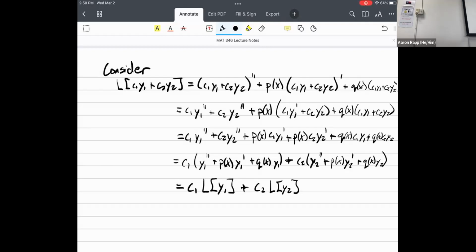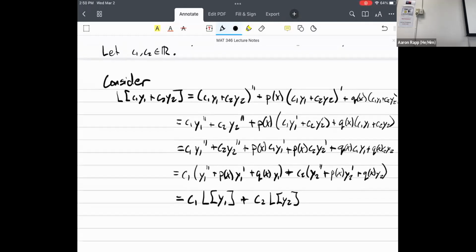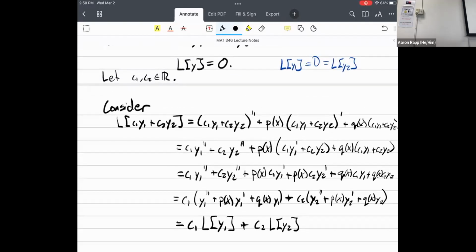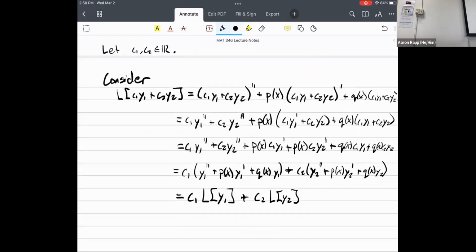But because y1 and y2 are solutions, L of y1 and L of y2 have to be what? Zero. Which means this is just C1 times 0 plus C2 times 0, making it all 0. Sure.